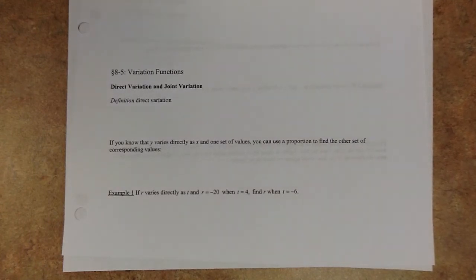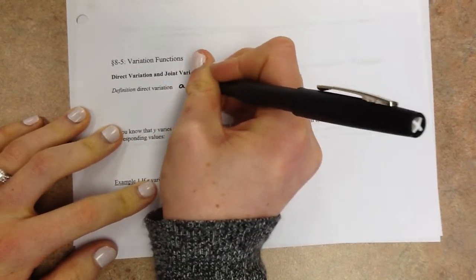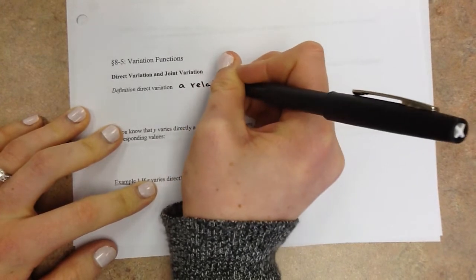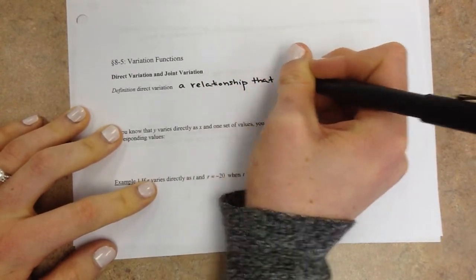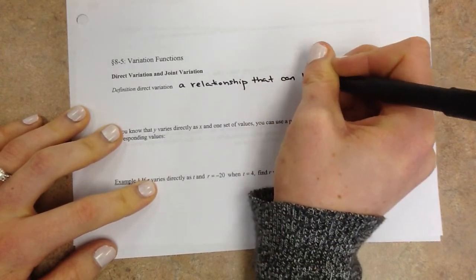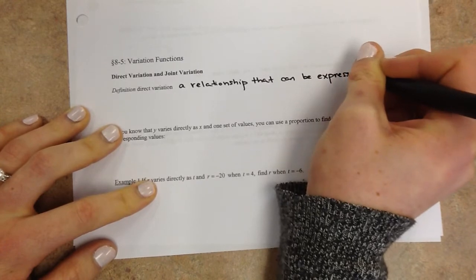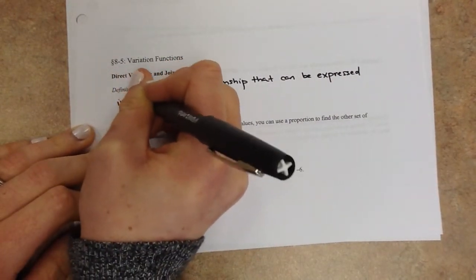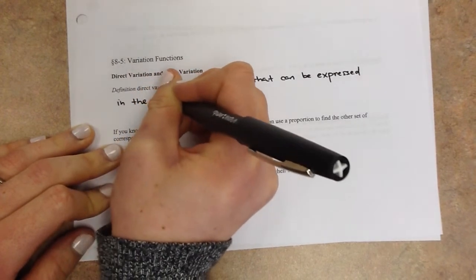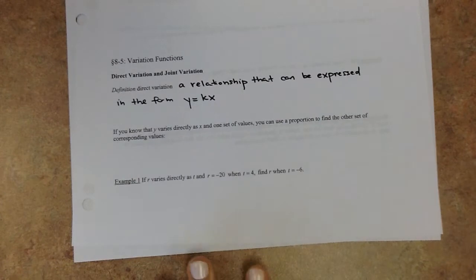It's direct variation. Direct variation is a relationship that can be expressed in the form y equals k times x.